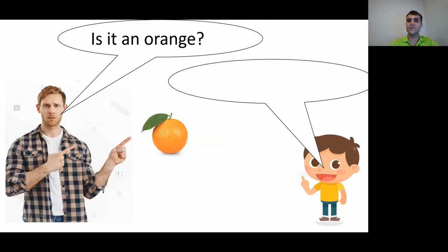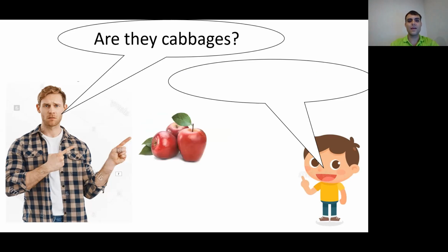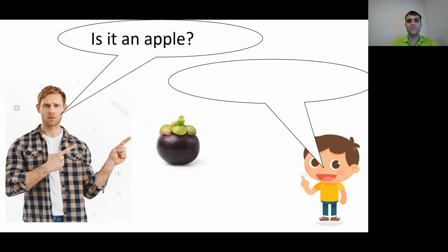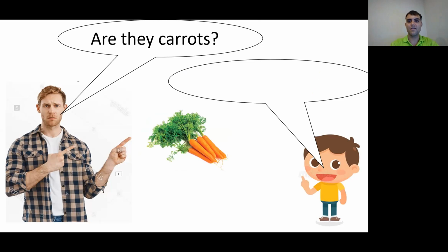All right, is it an orange? What's the answer? Right, yes, it is. Are they cabbages? No, they aren't. Is it an apple? No, it isn't. Are they carrots? Yes, they are.